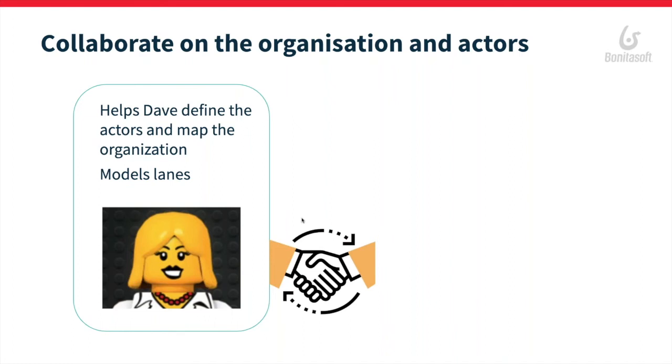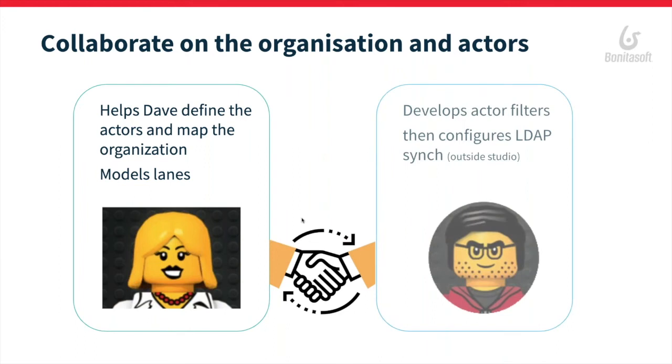So she can help Dave define the actors on the process and map the organization with those actors. She can also model the lanes directly, because it's easy. You just have to drag and drop the lane into the process. Then Dave will develop the actor filters, because that's something technical.